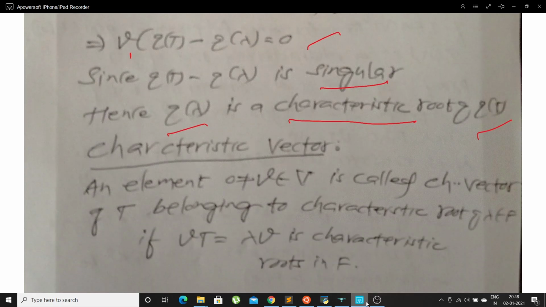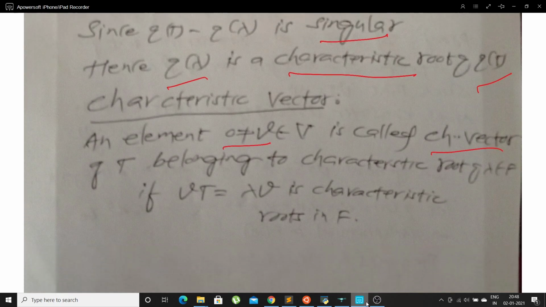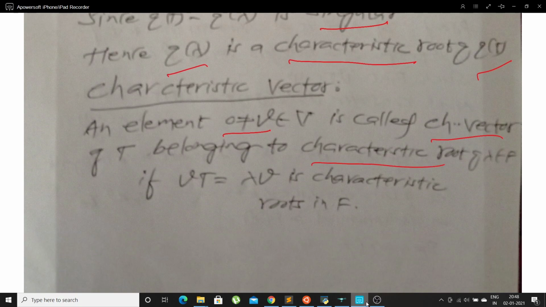Another definition: the characteristic vector. To define a characteristic vector, we need a non-zero vector. To define an eigenvalue of T, or the characteristic root of T, we need a scalar. Here we need a vector. A non-zero vector v is said to be a characteristic vector of T belonging to the characteristic root, the scalar lambda belonging to F, if the same condition holds: vT equals lambda v.